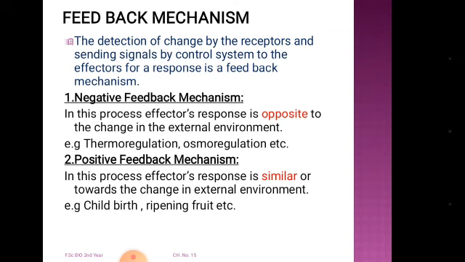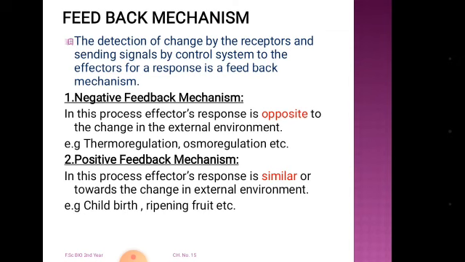Feedback mechanism is of two types: negative feedback mechanism or positive feedback mechanism. If the effector's process is opposite to the change in the external environment, it is known as negative feedback. For example, consider thermoregulation.